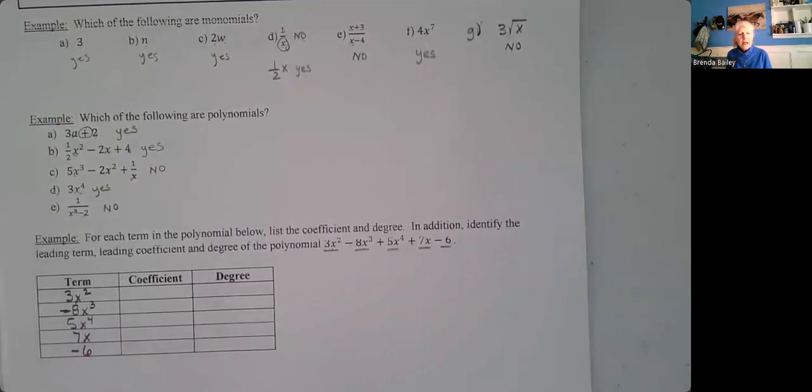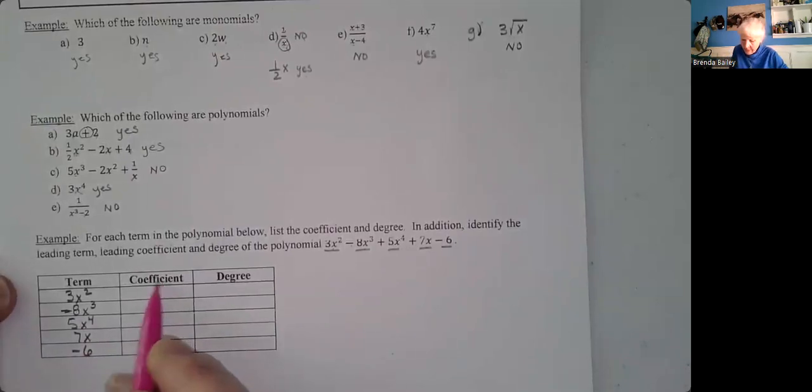Okay. Now we're going to look at the terms separately, and we're going to talk about coefficients because we're going to be using this terminology, especially when we do division. So here, the coefficient is the number in front. The coefficient of this first one is 3. The coefficient of this is a -8.